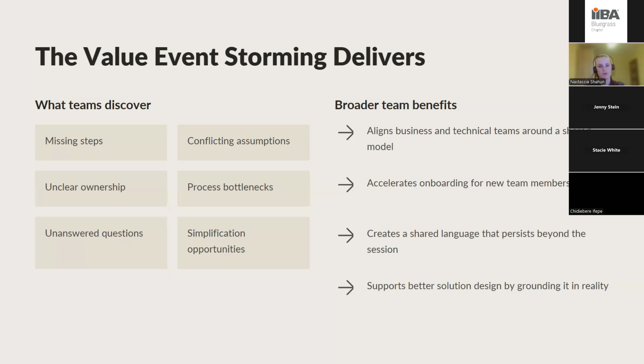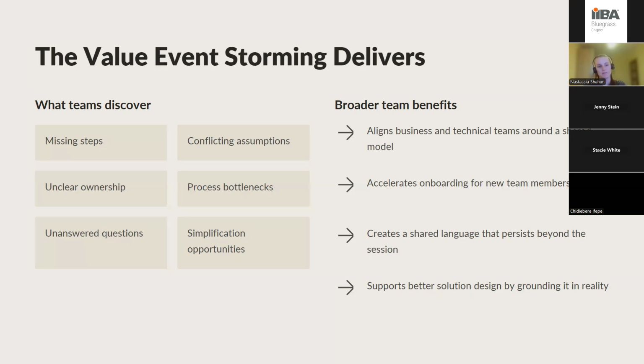It also supports solution design because the domain is now visible and discussable. So for me, the biggest value is this: event storming makes invisible complexity visible. And once that happens, better conversations and better decisions are possible and made much easier. It's beneficial for both business and technical people.